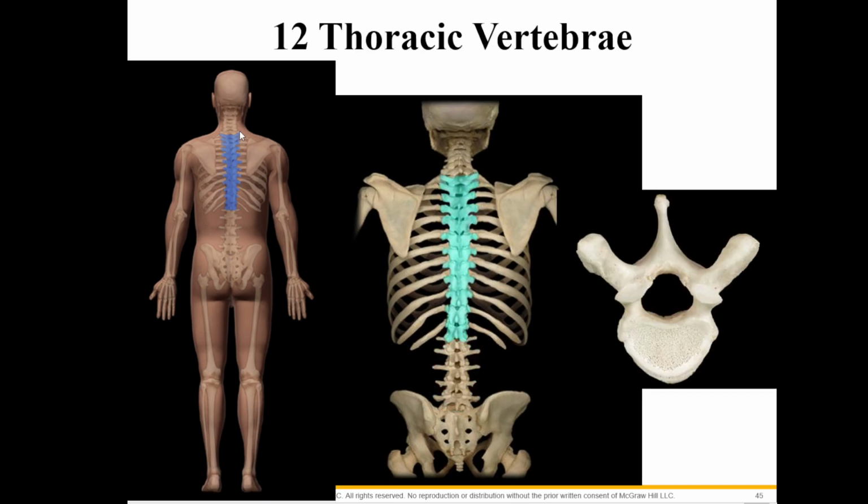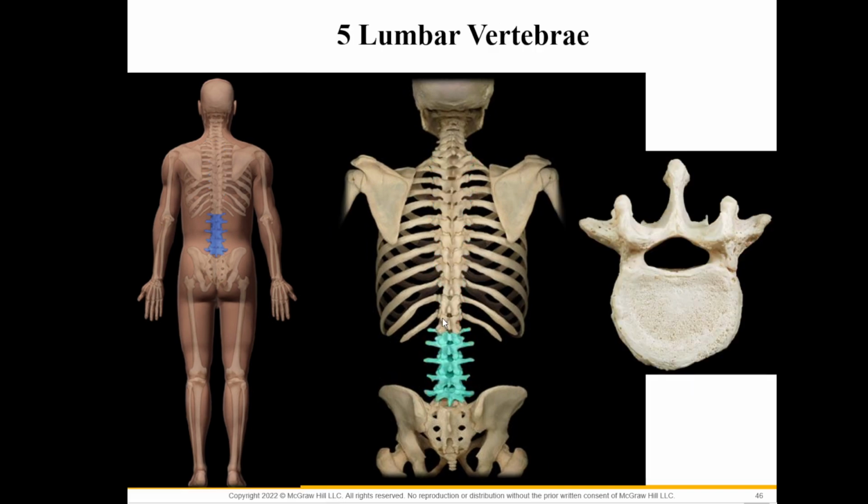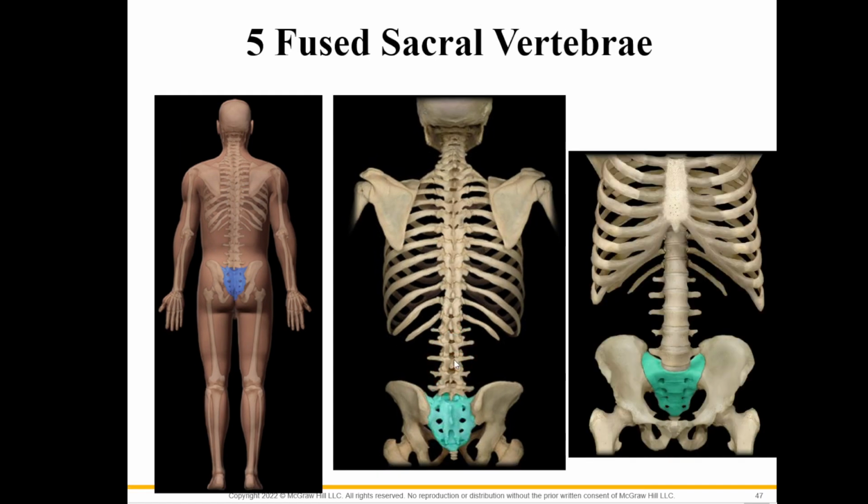We have the thoracic vertebrae, 12 of them labeled as T1 to T12. The lumbar vertebrae labeled as L1 to L5. The sacrum, actually it's composed of 5 bones but they are fused. So ang count sa kanila is 1.